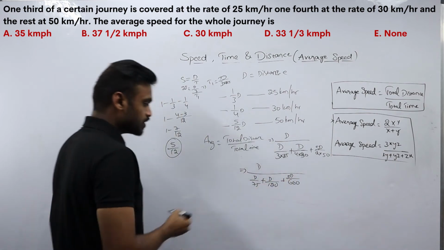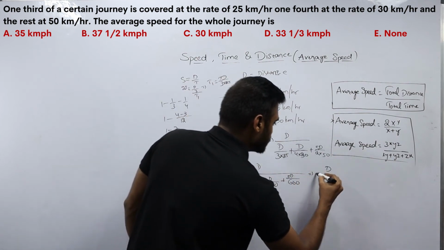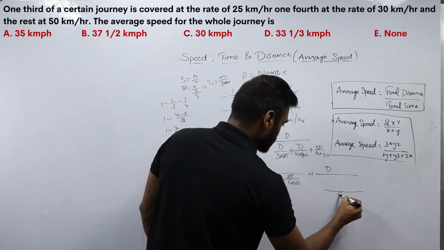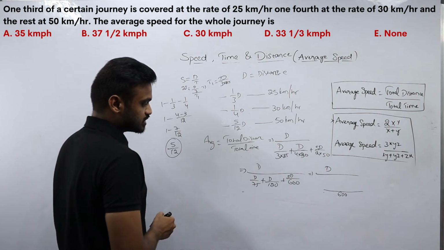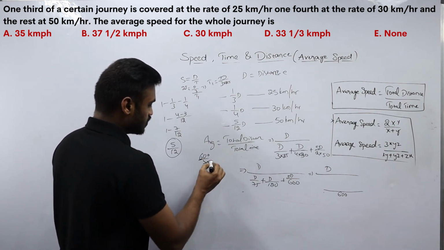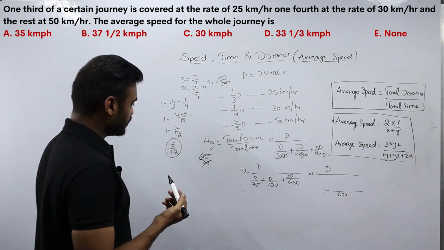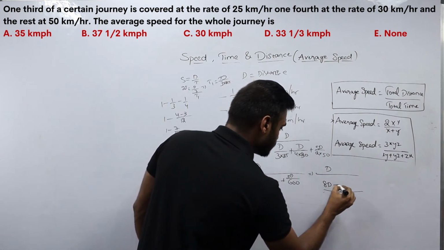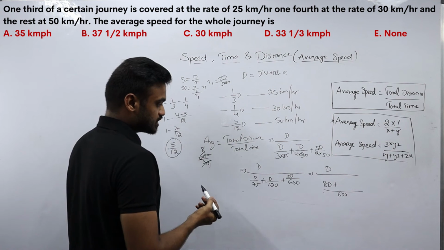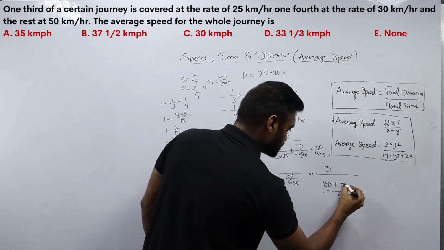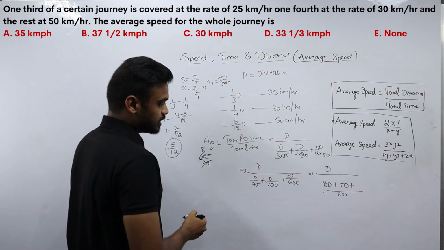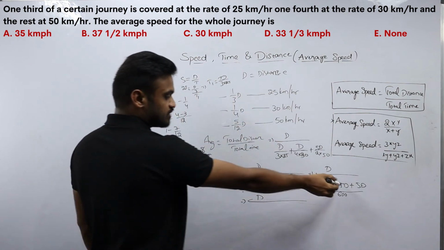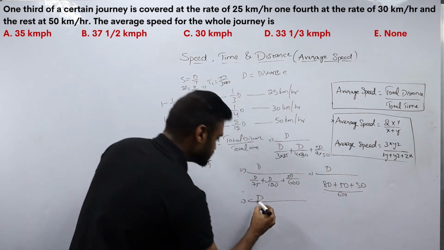So d by 75 becomes 8d by 600, since 75 into 8 is 600. Then d by 120 becomes 5d by 600, plus 5d by 600. So we get 8 plus 5 plus 5, that is 18d by 600.